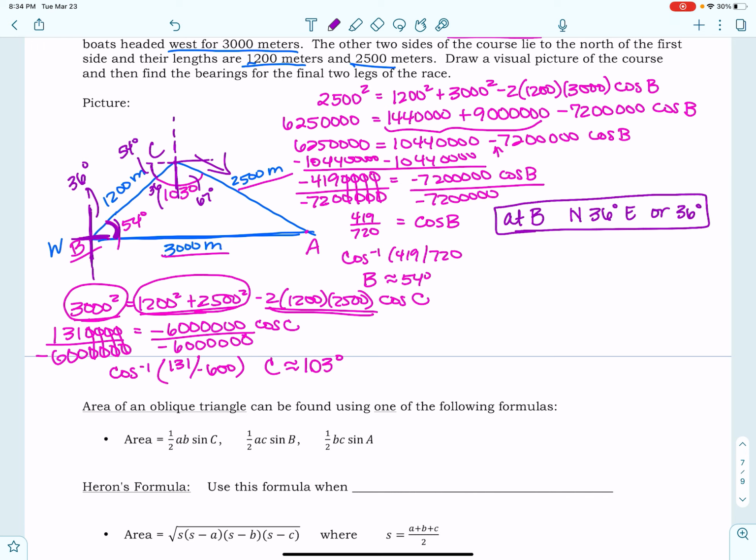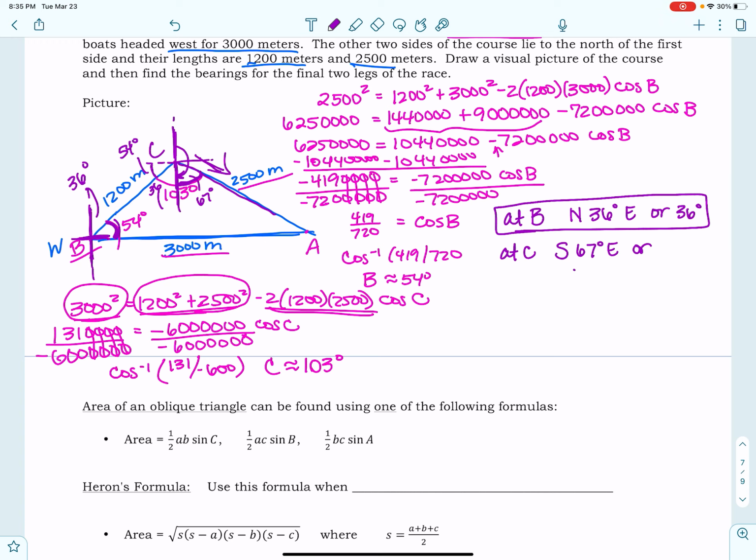So from C going to A, that bearing is going to be along this blue line right here. If we use a directional bearing, that means at C going to A is going to be south 67 degrees to the east, or another way to think about it is starting north and going 90 degrees and then all the way through this right here.